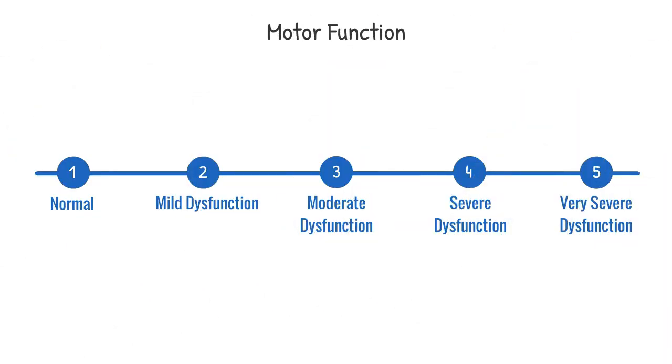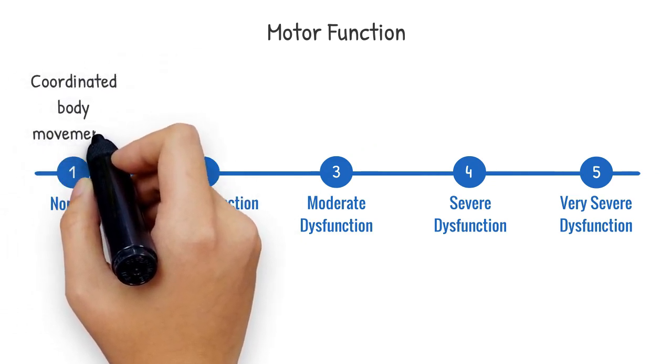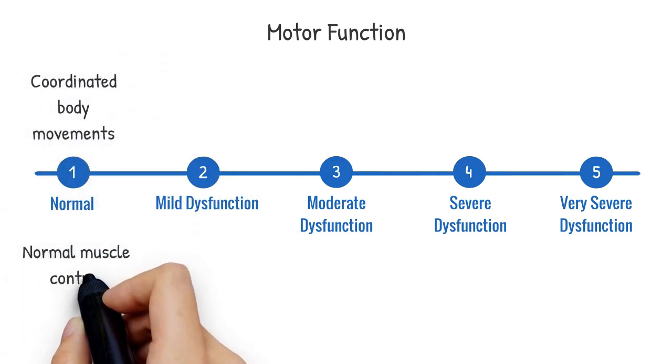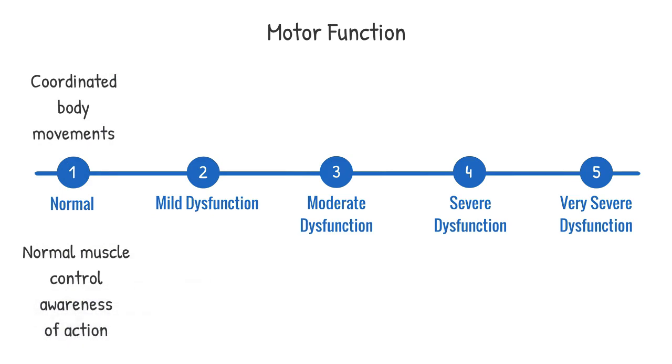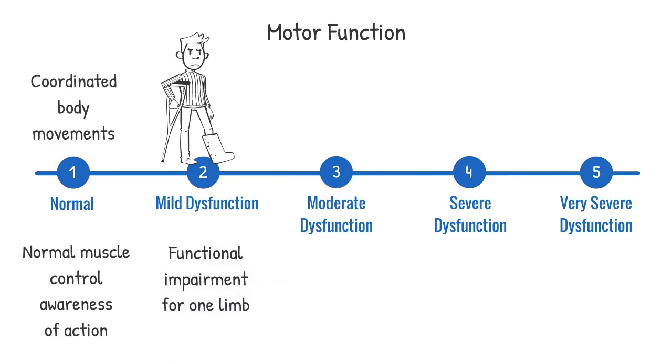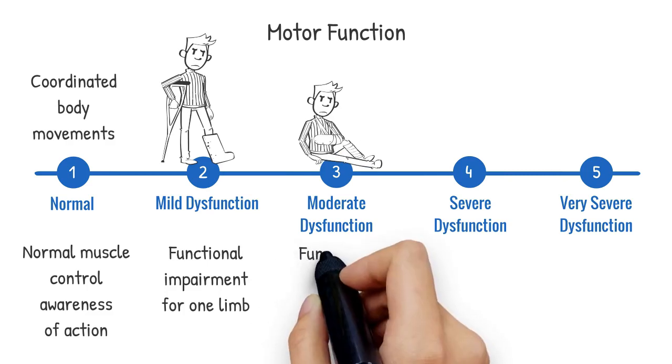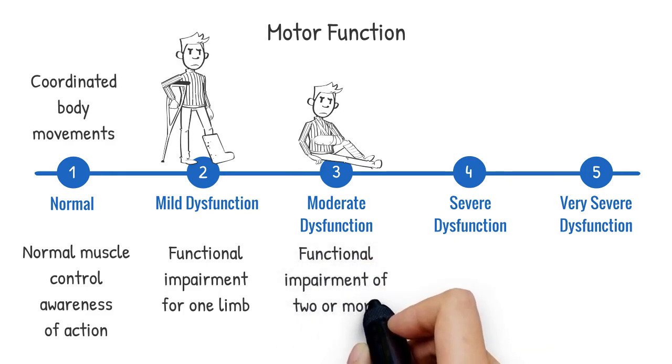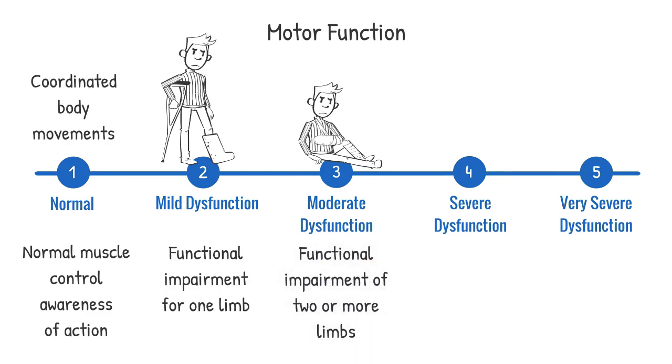The fourth domain is motor function. Normal refers to coordinated body movements, normal muscle control, and normal awareness of body positioning. A child scores at a mild dysfunction if there is functional impairment of one limb, while moderate dysfunction, or a score of 3, will be functional impairment of 2 or more limbs.